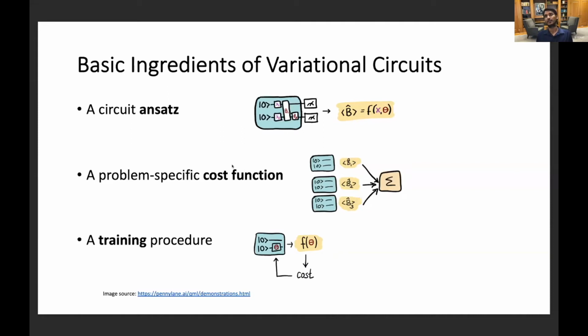If you're looking at some graph problem, then it could be the Hamming distance between the nodes, and so on and so forth. So the cost function also changes from problem to problem. And then there is the training procedure, which is basically choosing the classical optimizer well. It could be gradient descent or Adam or whatnot, and some improvements over it.